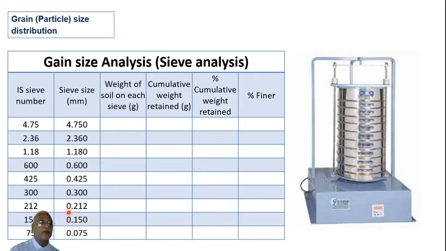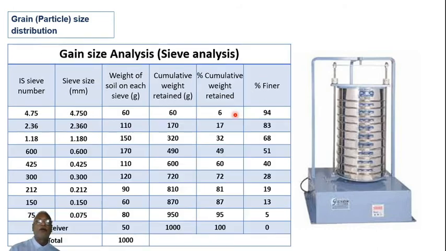In between you have 0.212, then half of 0.15 is 0.075 mm. So you can judge the size ranges. The last one at the bottom is 0.075 mm or 75 microns, and the upper one is 4.75 mm. The table of calculation consists of these columns. We'll see it with one numerical example.